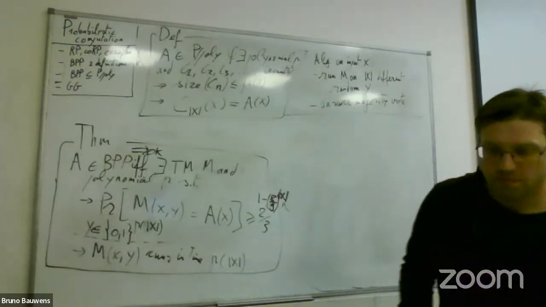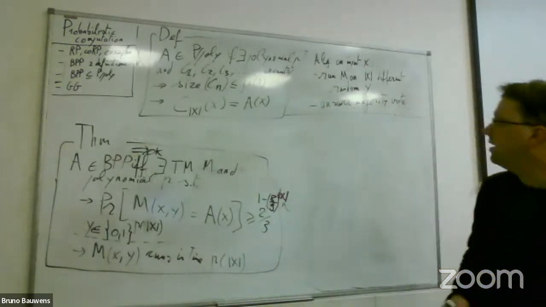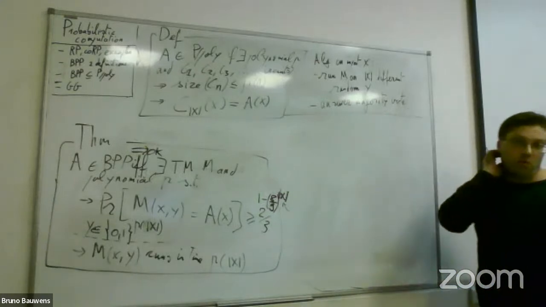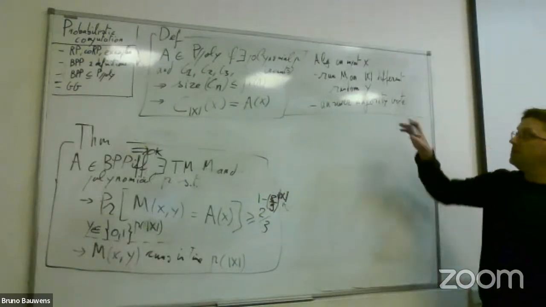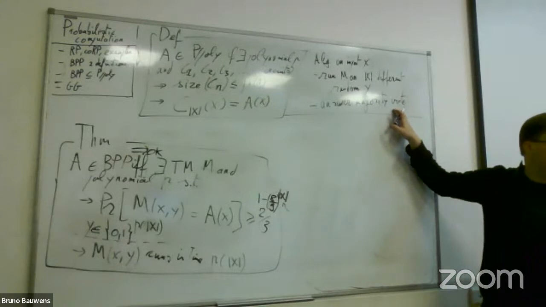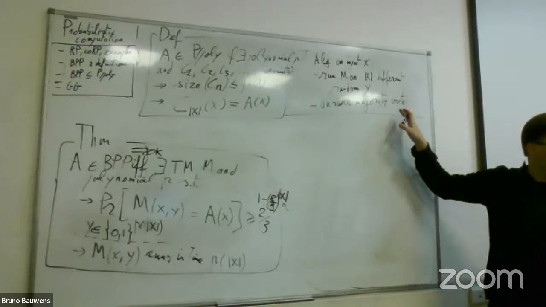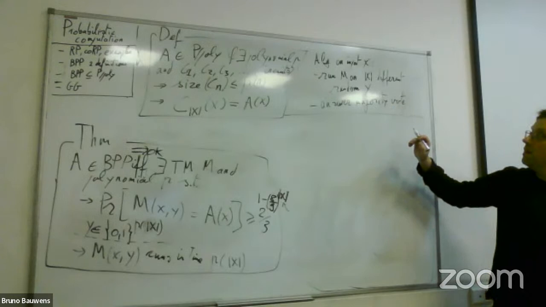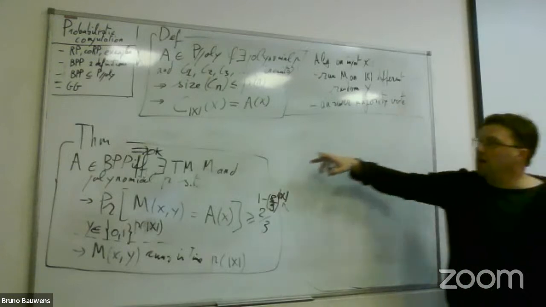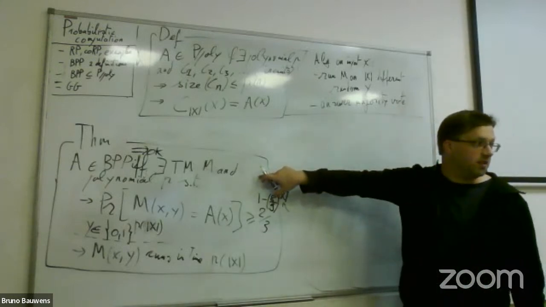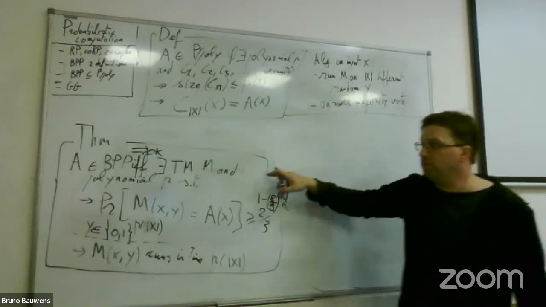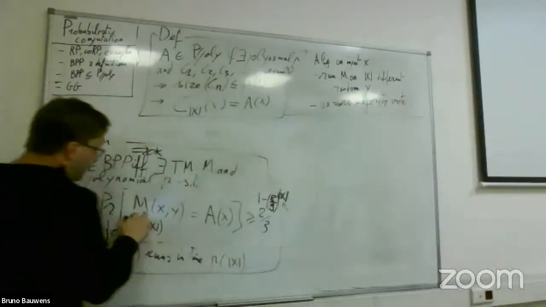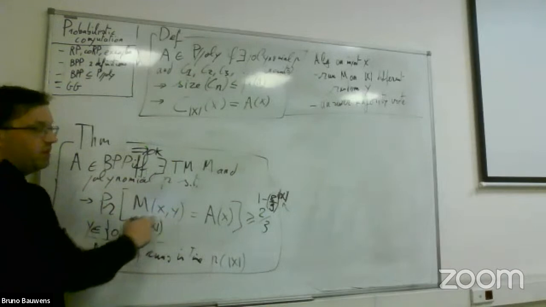And now let us think: what is the probability that the majority vote is wrong? So we run M on x with different random y. Because this definition is still here, I will use this definition, and M is the deterministic machine with two inputs.